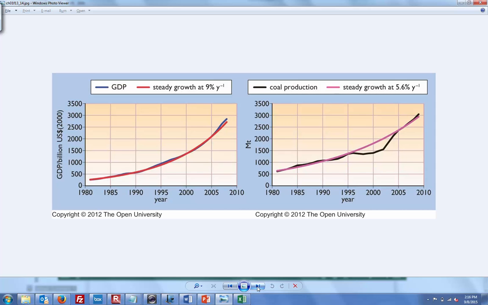Okay, now another theme that goes throughout this first book, there are a couple different mindsets. The first one that we've just been looking at is the growthist model, the business as usual. Everything can kind of just keep expanding forever.